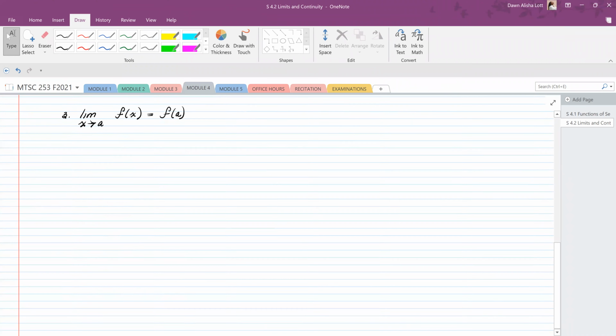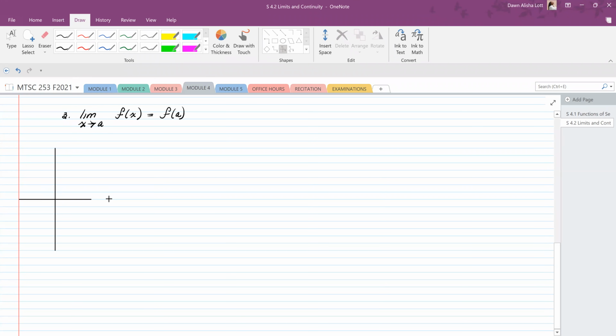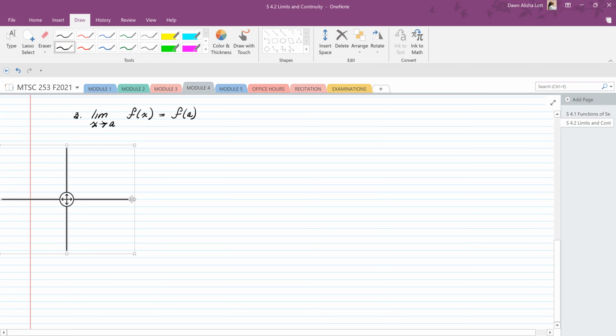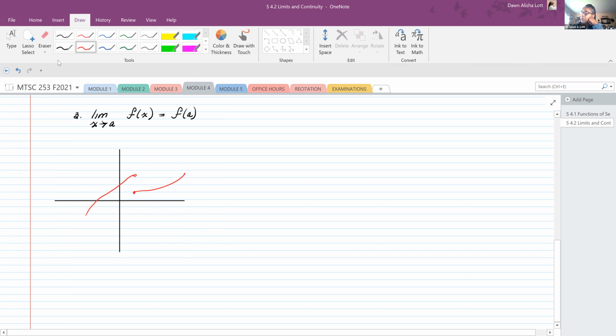Now, this function is not continuous because the limit as x approaches 3 of the function doesn't even exist.